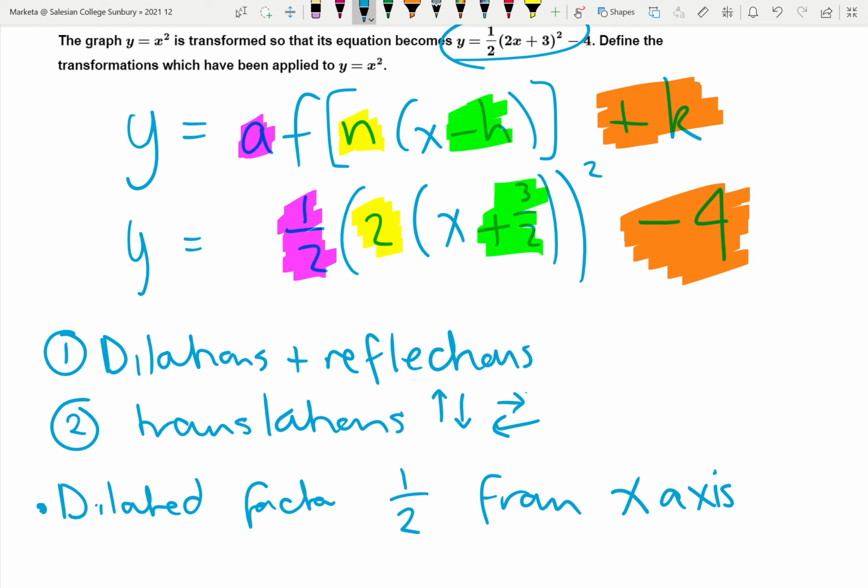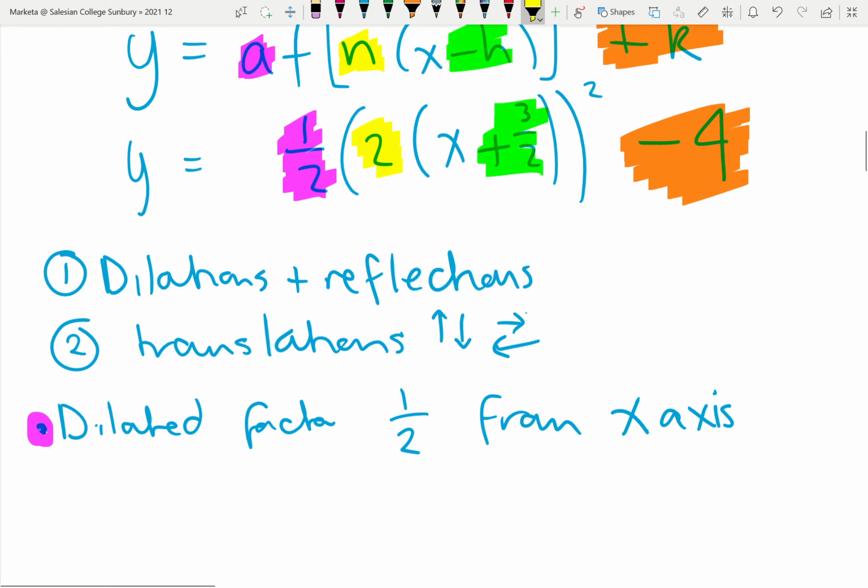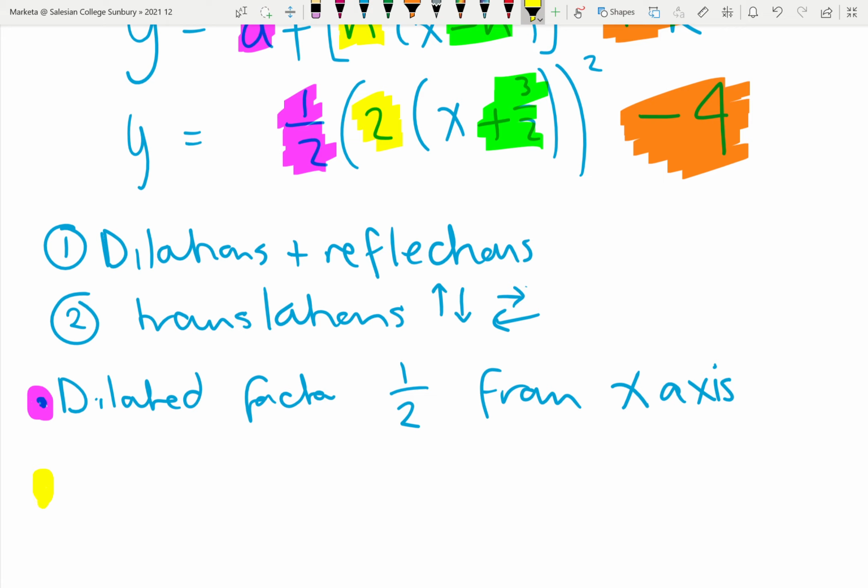We see that the a value is the dilation factor of half. So that's what that pink one is there. I might actually colour code it as well, so it's easier for you to see which ones I'm talking about. The next thing I'll talk about is the yellow, the n. And remember that the factor is going to be 1 over whatever the n value is.